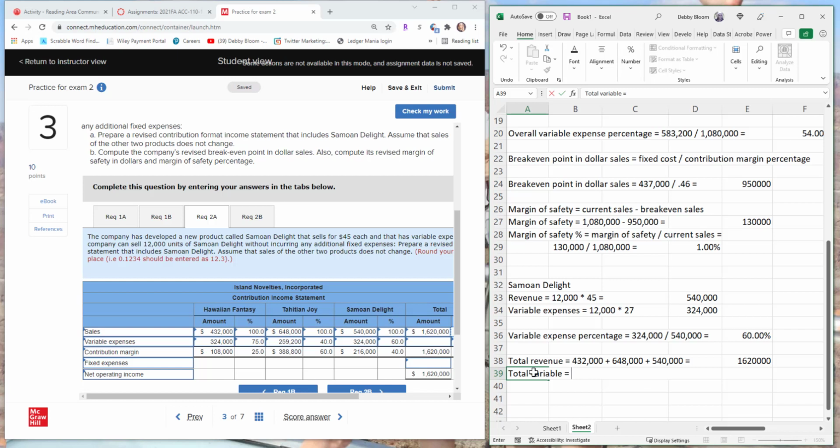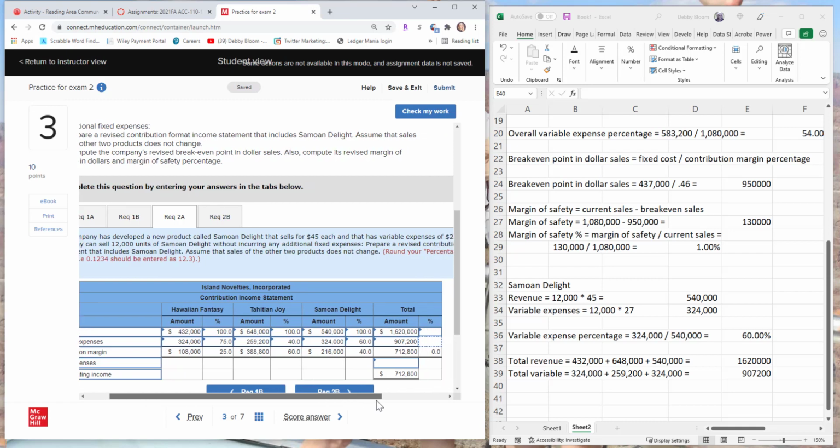So I'm going to take 324,000, I'm going to add 259,200, and I'm going to add another 324,000. So we're going to get 907,200 as the total variable expenses.